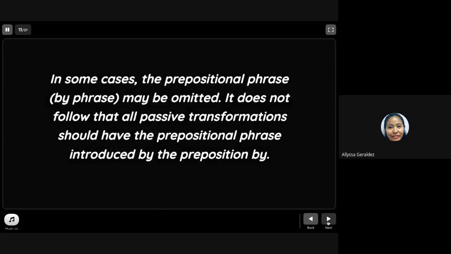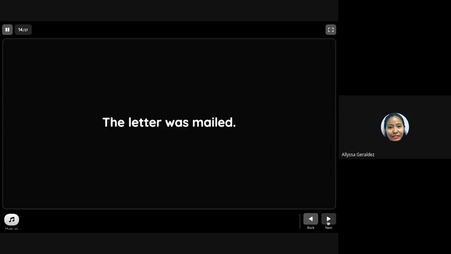Let's look. In some cases, the by phrase may be omitted. It does not follow that all passive transformations should have the prepositional phrase introduced by the preposition by. So we can have this one, the letter was mailed.